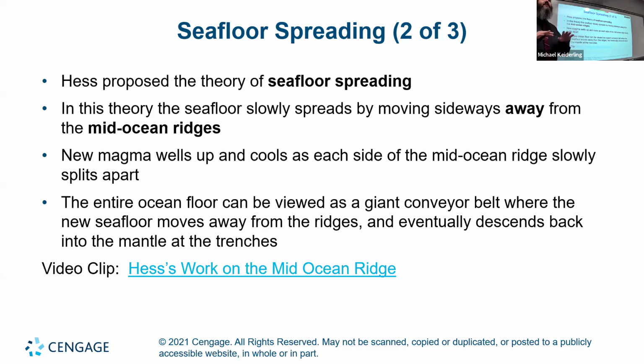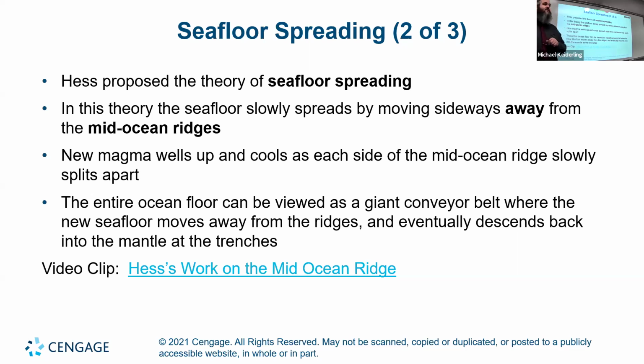And dating of sediment shows that all the sediment in the Atlantic, for example, was relatively young, like less than 180 million years old. And it got older the further away you went from the mid-ocean ridge. And then at these trenches, these deep trenches, that's where one plate is sinking underneath another and melting. The entire ocean floor can be viewed as sort of a giant conveyor belt.